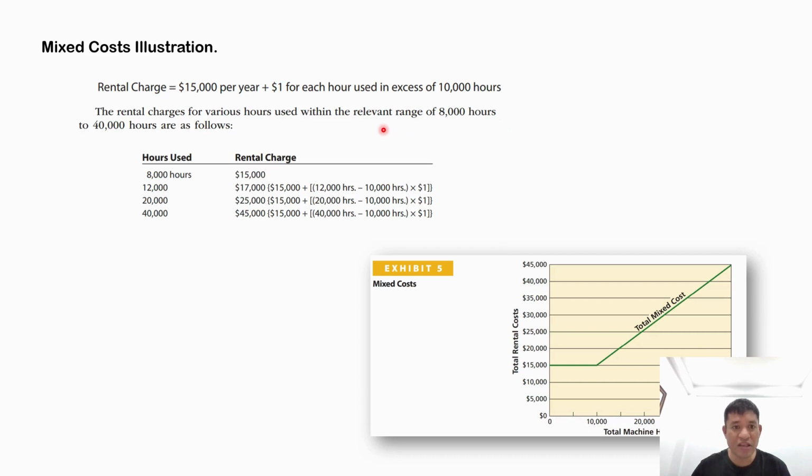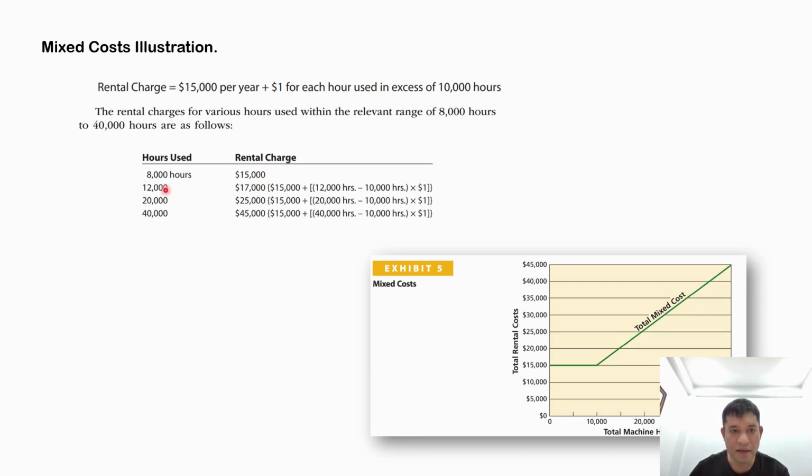The rental charges for various hours used within the relevant range of 8,000 hours to 40,000 hours are as follows. This is the hours used, 8,000 to 40,000. For 8,000 hours, since it is within the 10,000 hours, the rental charge is $15,000.